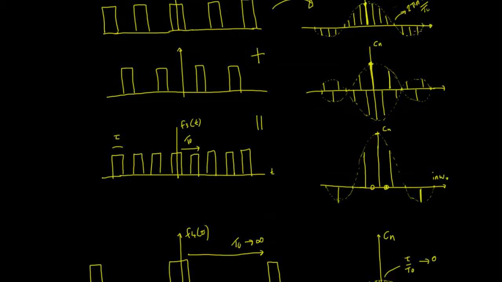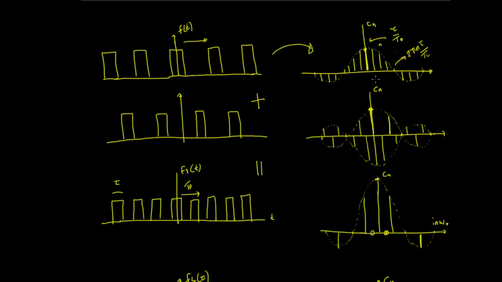The number of phasors doubles, and if you keep doubling and the period tends to infinity, the number of components tends to infinity. So if the number of components tends to infinity, then this envelope here, the Cn envelope, will tend towards a continuous function of frequency omega.